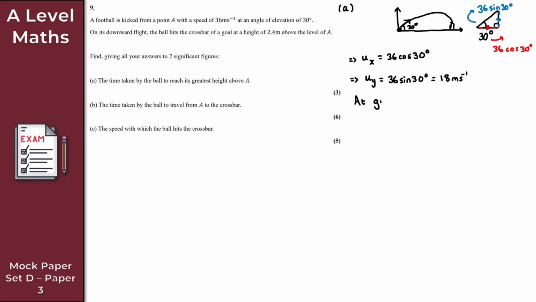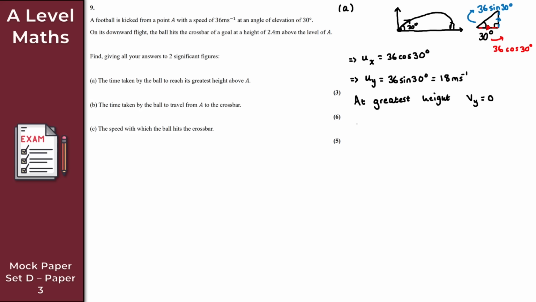Okay, so at its greatest height, the vertical velocity is 0. Okay, so Vy here will be equal to 0. So what we're going to use here is just some basic suvat, right?